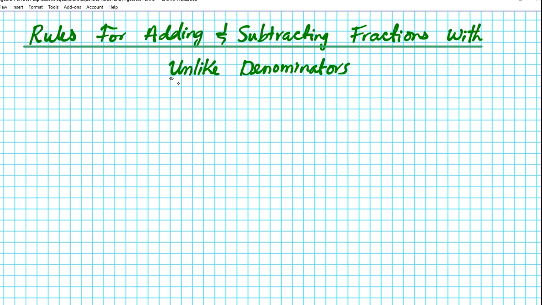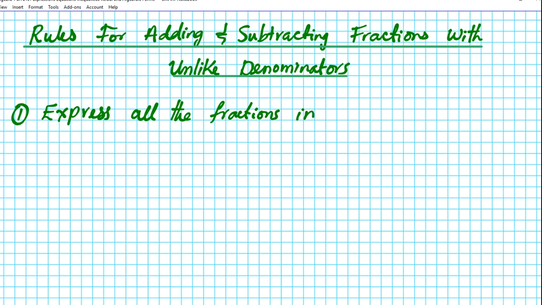The first rule has to do with how the fractions presented are expressed. So number one, you want to express all the fractions in proper or improper forms. What does this mean?